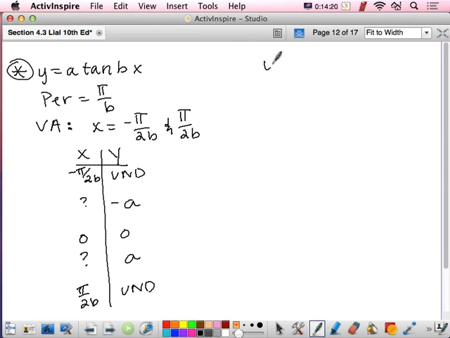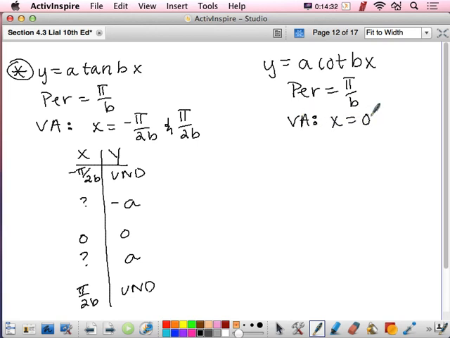Here's what we know about cotangent. We know the period is still pi over b, but the vertical asymptotes occur at x equals 0 and the period, which is pi over b.